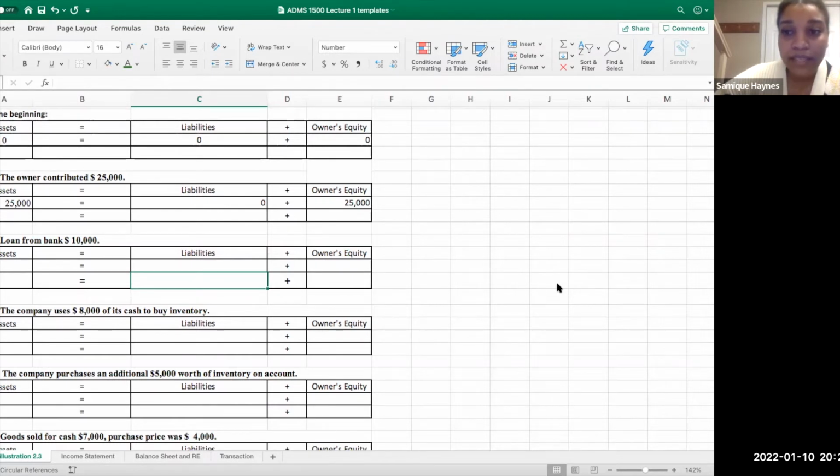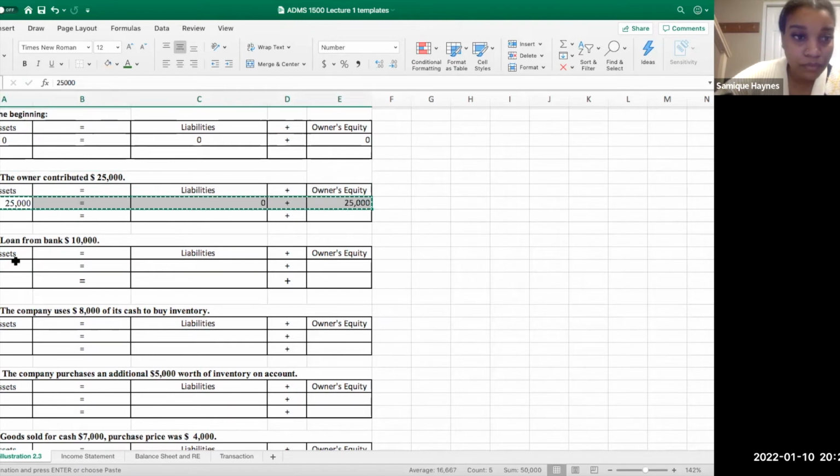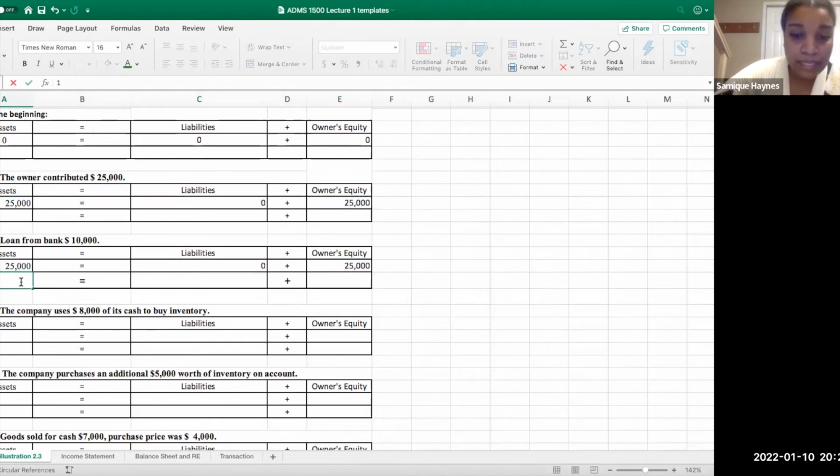What else is going to increase? A bank loan, correct, bank loan, not accounts payable. That's different. All right, so let's call it a bank loan. So assets are going to increase by $10,000, correct? Because the asset is cash. I'm going to bring this down, and then we're going to increase that by $10,000.